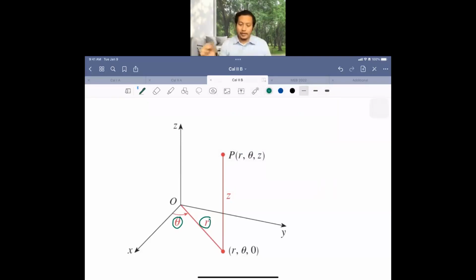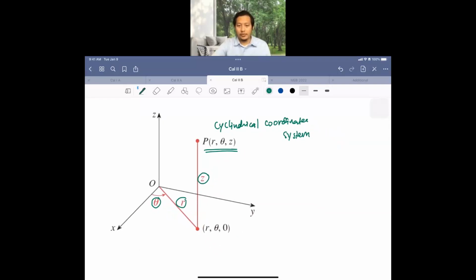If we add another axis, the one I told you that is z, the height, we have these three coordinates r, theta, and z, and we call this the cylindrical coordinate system. To convert, you just convert the polar as usual, because z is just z, it's nothing related to the polar.